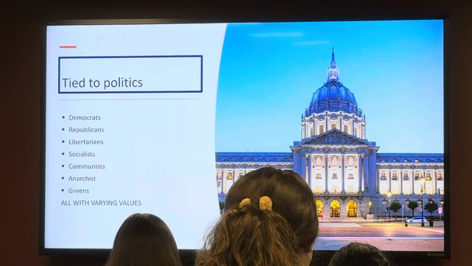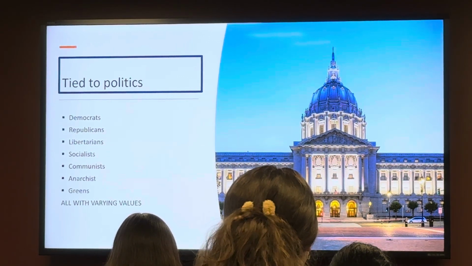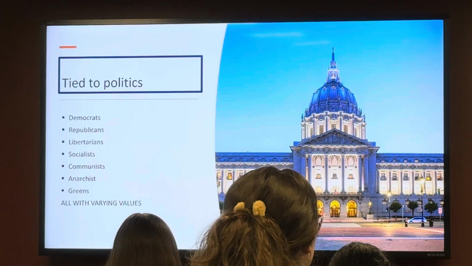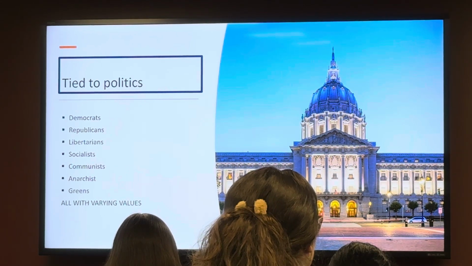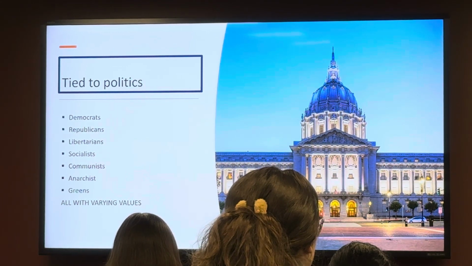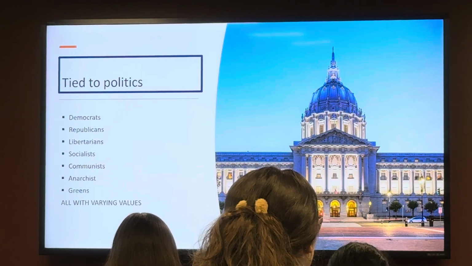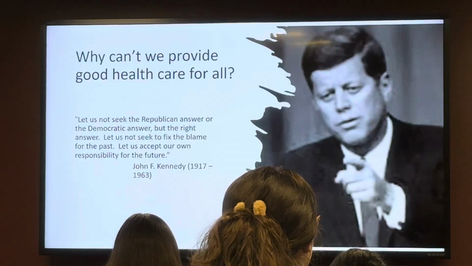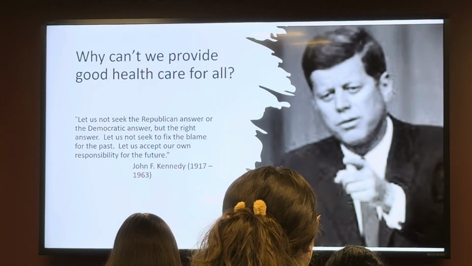And then it's tied to this politics thing, right? We have Republicans, we have Democrats, we have Greens, we have communists, we have anarchists, we've got all kinds of groups. And again, they all have very, very various values. I don't know if I shared this quote before from John F. Kennedy, who was president back in 1961.